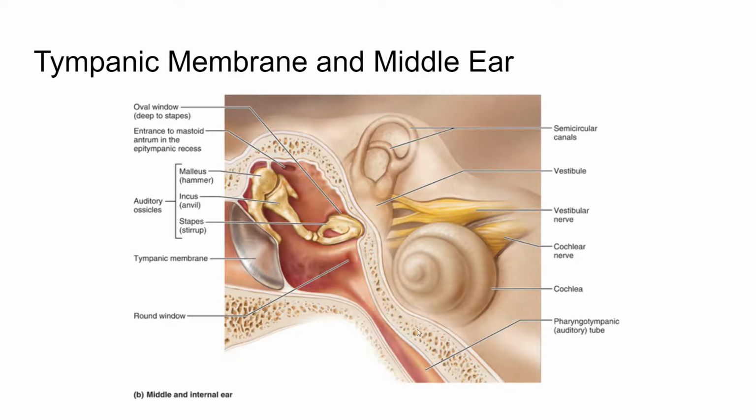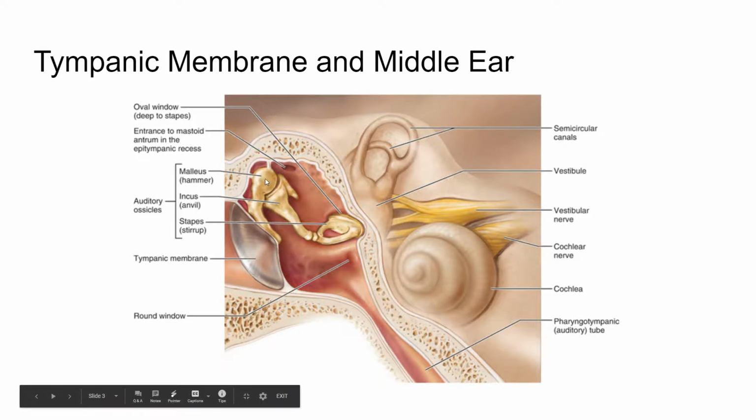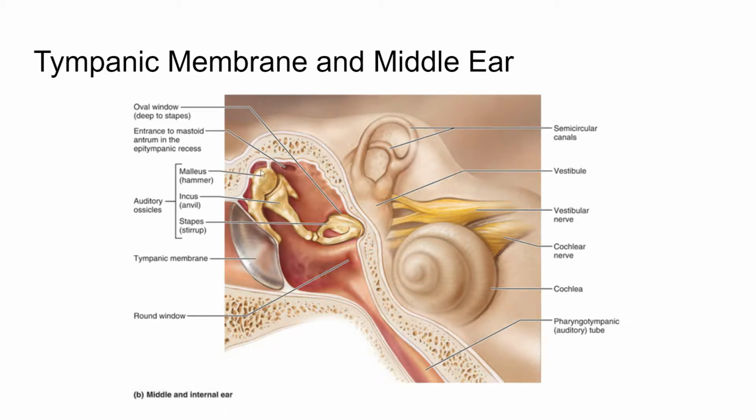All right, so let's move to the middle ear bones here. You have three of them. There's the malleus first, or what's called the hammer, then the incus, or the anvil. Think hammer beats on the anvil, and the way I remember this is hammer beats on the anvil to make a stirrup. Golly, I don't know if that helps you or not, but there's the malleus, incus, and the stapes, or the hammer, anvil, and stirrup.